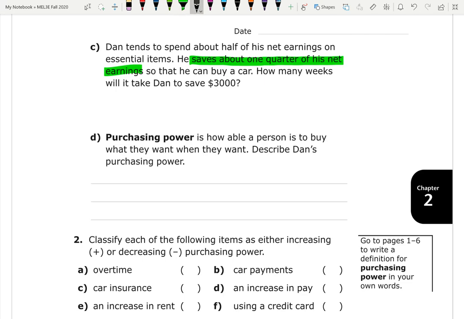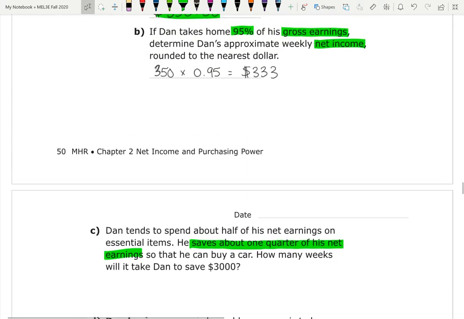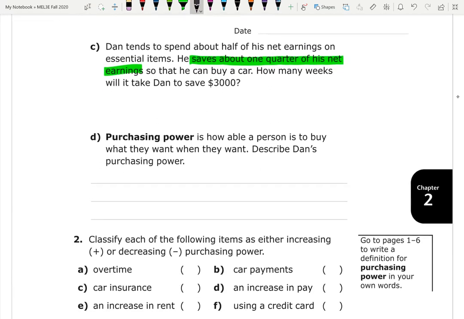So we found out that his weekly earnings is $333. I'm going to times that by what 1/4 of that would be, which is 25%, and decimal form is 0.25. So 83.25 is his savings. This is how much he's saving for his car a week.